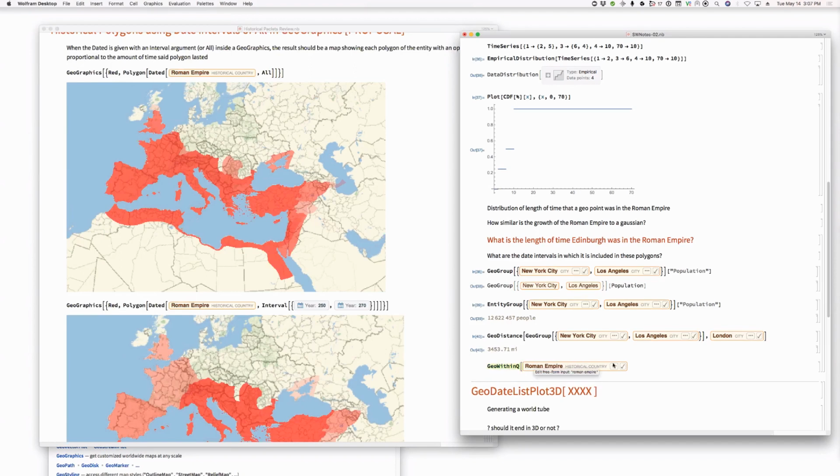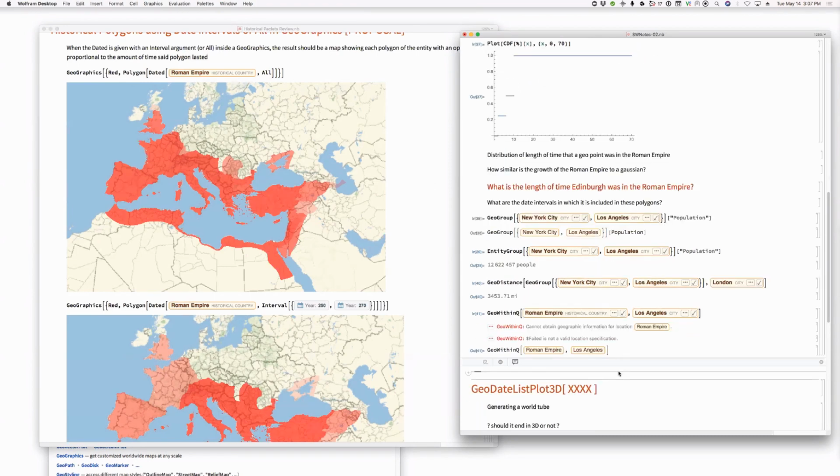Okay, so geo within Q of this, comma, Los Angeles, better give false. What? Okay, what's going on? All this is about adding the support in geo within Q and all these functions to the historical polygons, which right now we don't have. Okay, fair enough. All right, okay, fine.